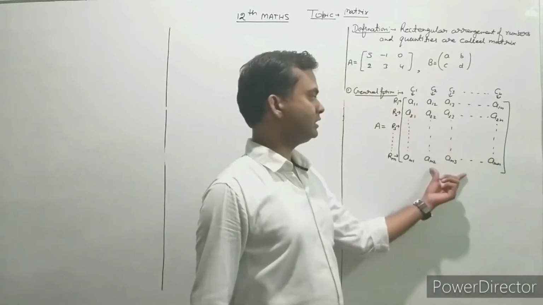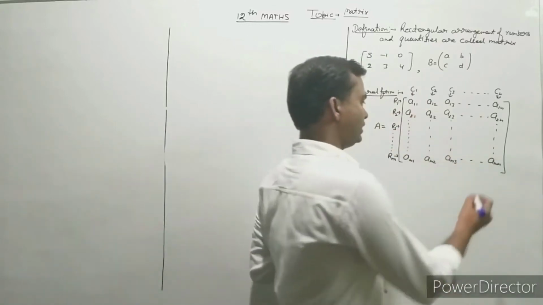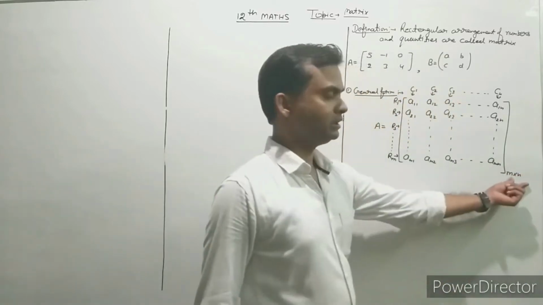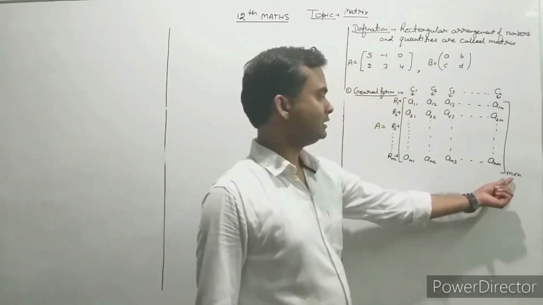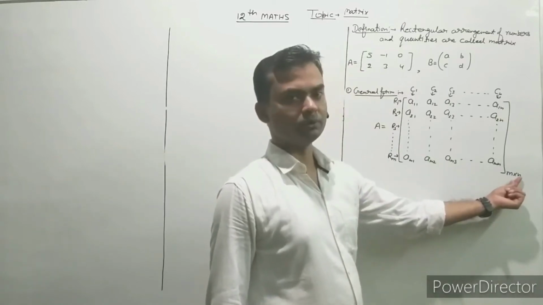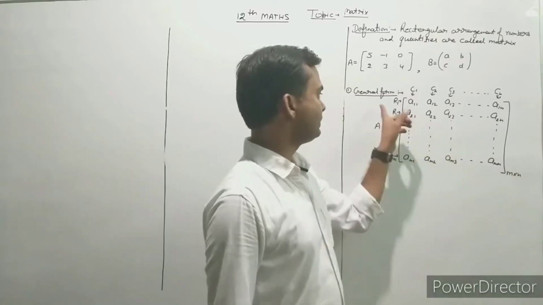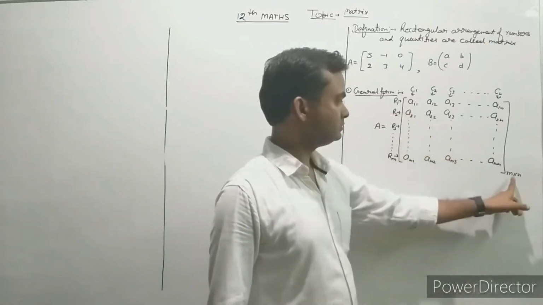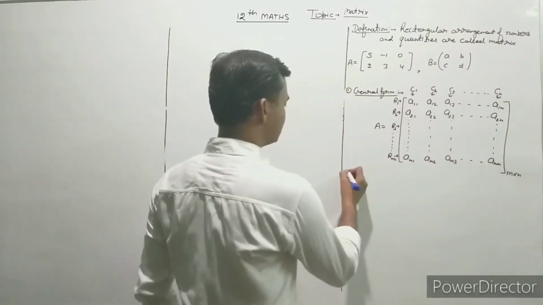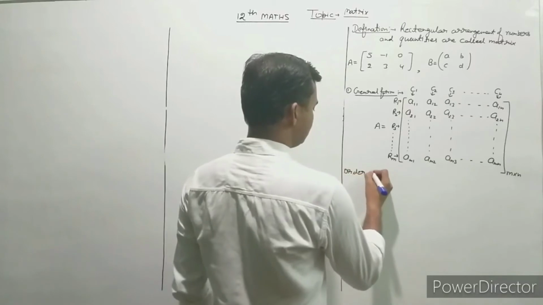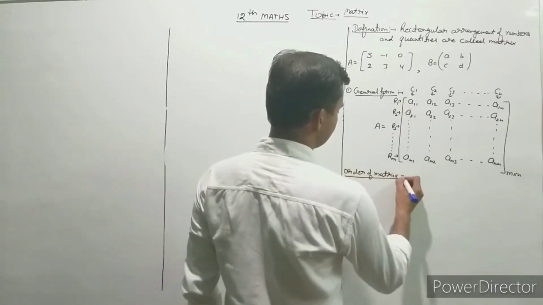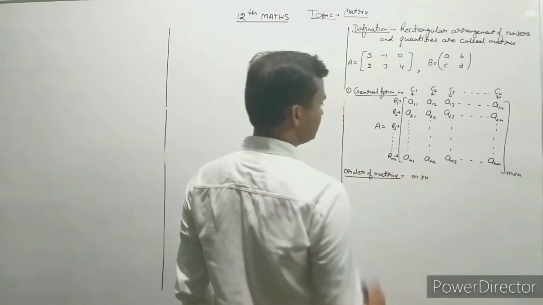These represent the elements of the matrix, and here M by N represents the order of matrix. It means M represents the number of rows, N represents the number of columns. It means in this matrix there are M rows and N columns. So the order of matrix is M by N.